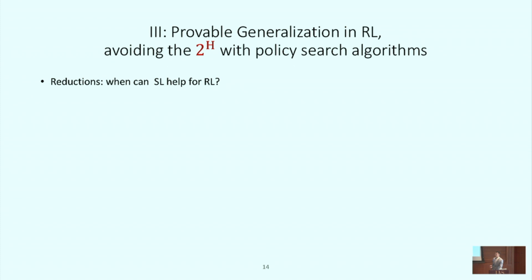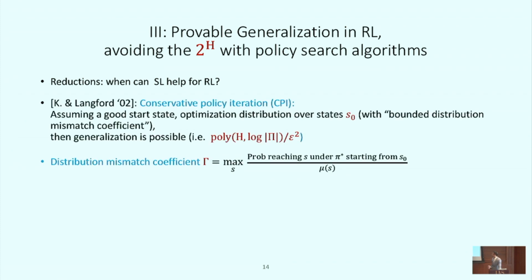There's another class of algorithms based on policy search which avoids the 2 to the h. So this conservative policy iteration is one such algorithm. And the spirit is, if we had, for example, some starting state distribution which was good, we can get better dependencies.